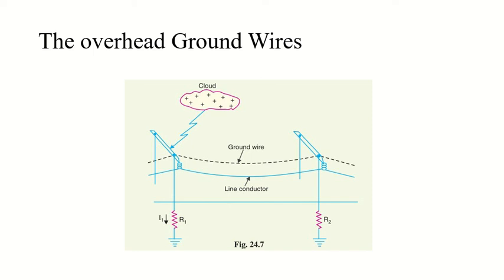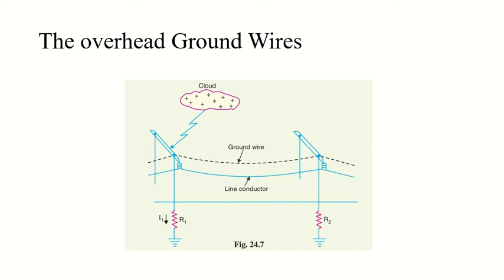And now, since V1 is the approximate voltage between the tower and the line conductor, this is also the voltage that will appear across the insulators. And if the value of V1 is less than that required to cause insulation flashover, then there is no trouble at all.